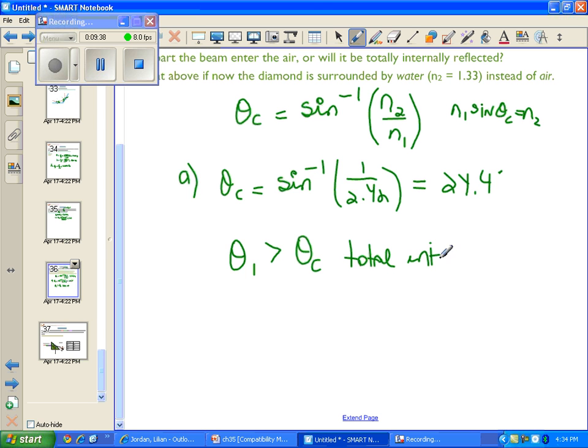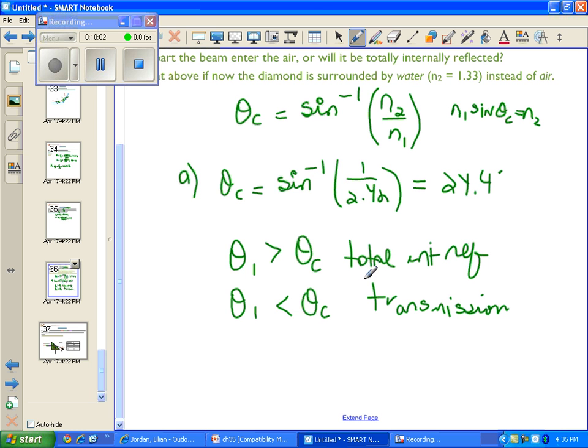On the other hand, when theta 1 is less than the critical angle, we get transmission. In other words, the ray will transmit and refract at the second media, which in this case would have been air.